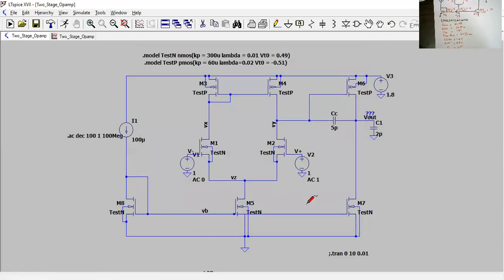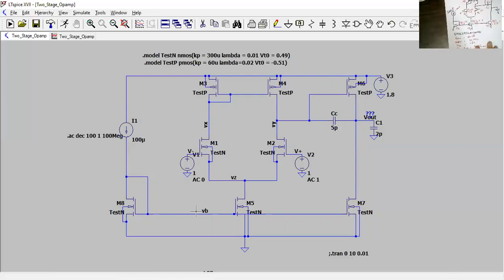Now, after you place all your transistors and make sure you have given all the correct values for them, a good first check is to make sure that your current mirror is working fine.